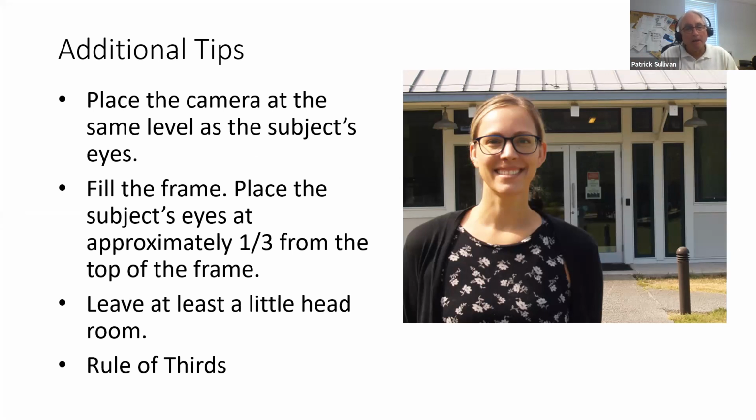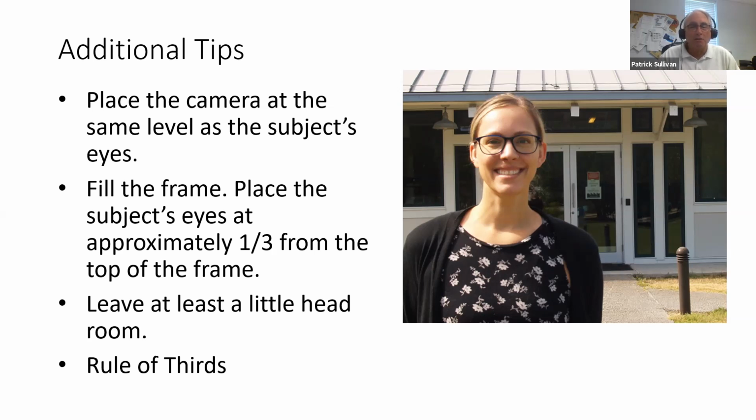Fill the frame. Place the subject's eyes approximately a third of the way from the top of the frame. Leave a little headroom, and think about the rule of thirds. Rule of thirds is imagine that your frame is divided both vertically and horizontally into thirds.